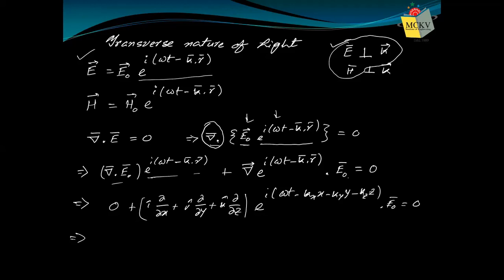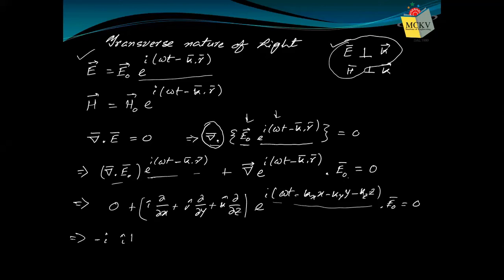Now, i cap del/del x operates on this whole thing, on e to the power something. So del/del x of e to the power i theta, then e to the power i theta will come out. Then del/del x operates on this whole quantity. What value comes out of it? Minus i kx, that will come out, where i is the imaginary quantity.